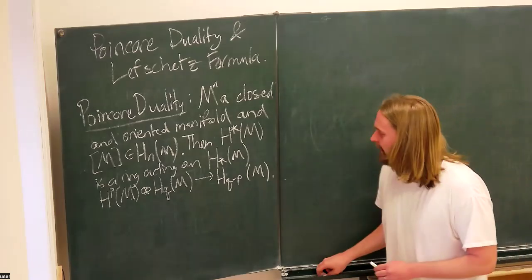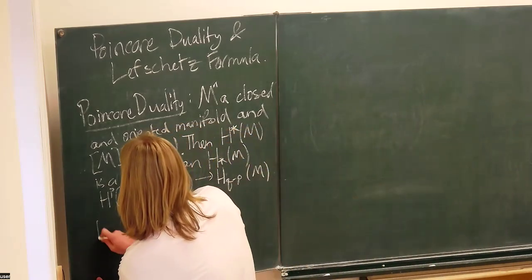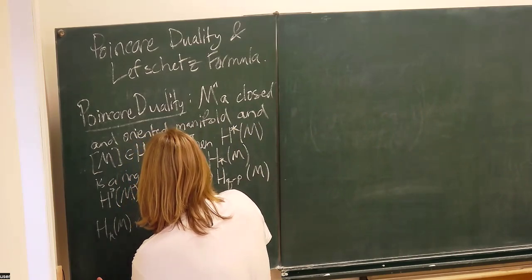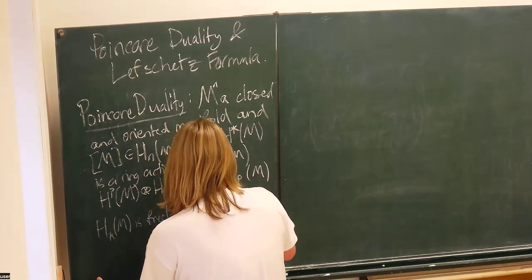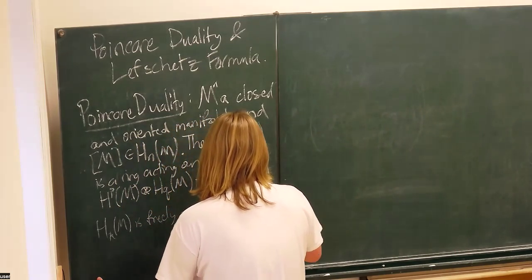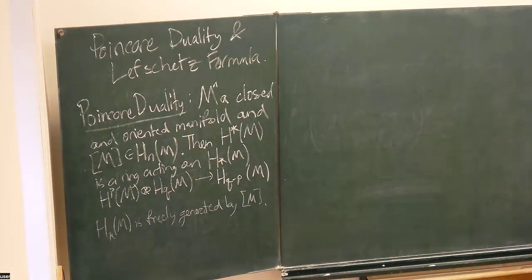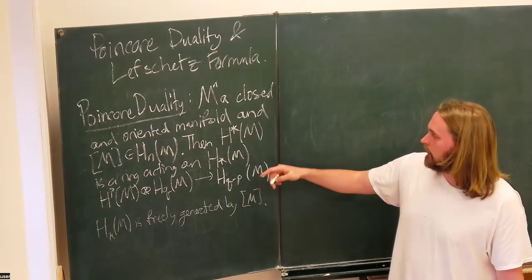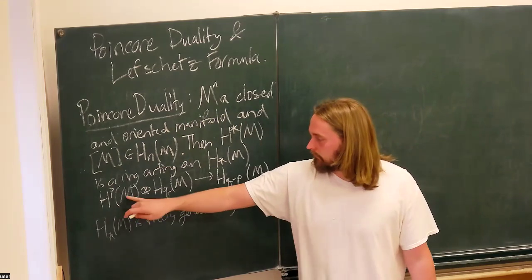Very nice. Thank you. And the statement of Poincaré duality is that H star, or the homology of M, is freely generated by the fundamental class. Right, so the isomorphism of Poincaré duality is kind of like an orbit map, where you move everything around by the fundamental class with something in homology.